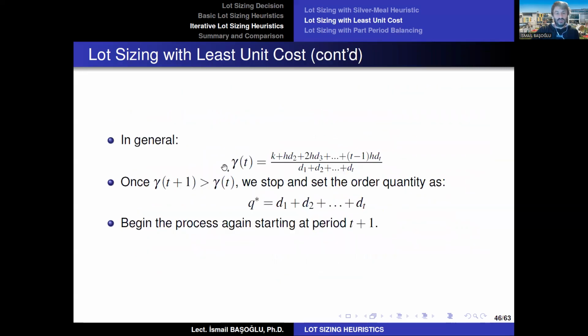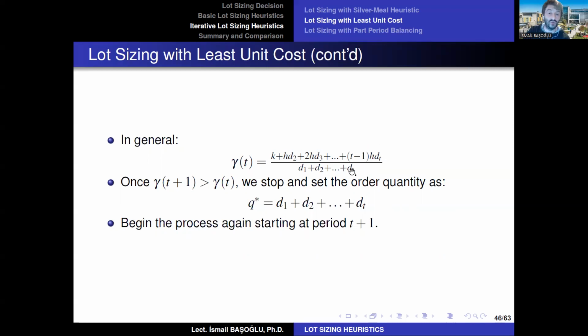In this calculation, let's skip to the general formulation. I'm just going to come back to the previous slide again. As you include more and more periods in your order, the fixed cost K will be shared by all units included in this order, all the demand included in this order. So that function is going to decrease for a while, but as you include more and more periods in your order, the inventory carrying cost is going to increase very fast.